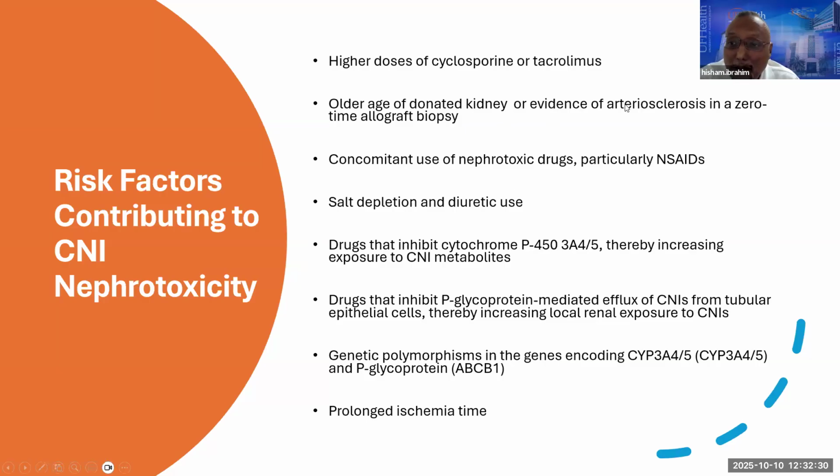If the kidney has atherosclerosis in the initial biopsy, that kidney is already diseased. These diseased kidneys usually have very poor outcomes and are less able to tolerate CNIs. So these are the kind of organs that we try to put on belatacept, avoiding CNIs to begin with. These are the interventions we do to avoid CNI toxicity, by selecting the cases we can avoid using CNIs on.